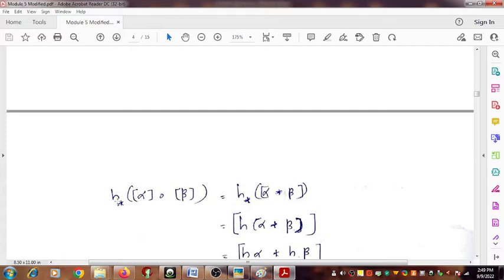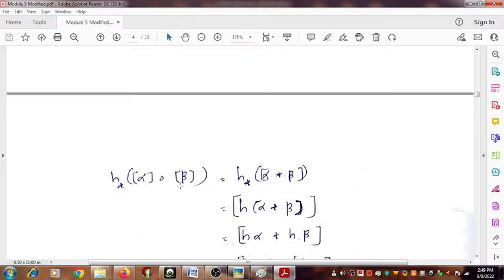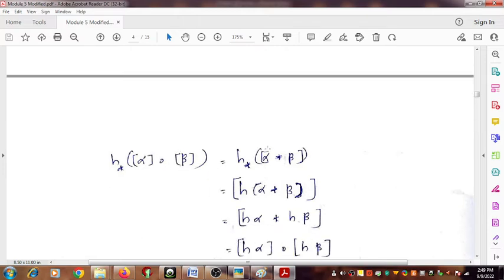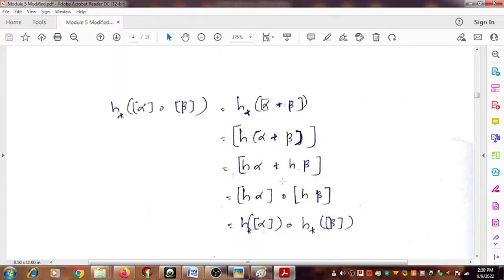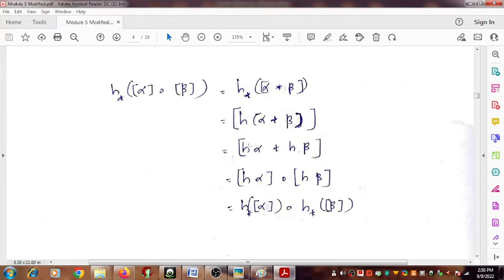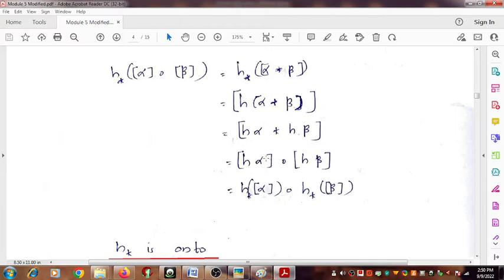So we can take H star of class α dot class β equal to H star of, applying the conversion, class of α star β, where α star β is the composition, or the joint, of loops. Then H star can be applied to obtain H of α star β, which equals H∘α star H∘β.